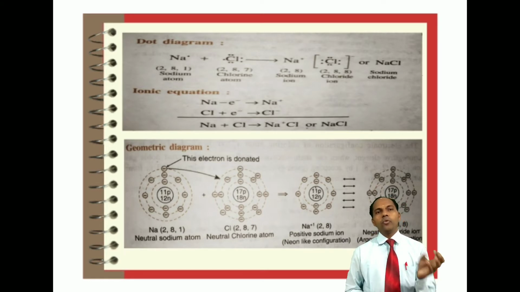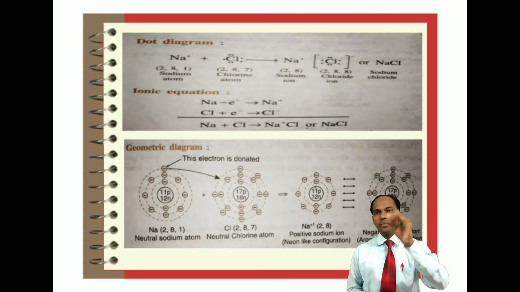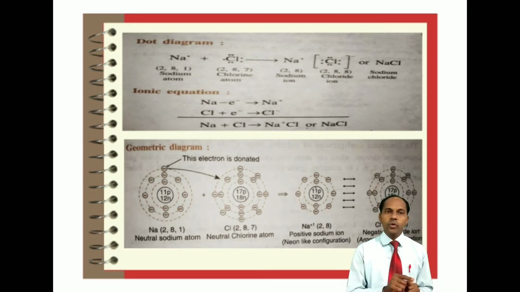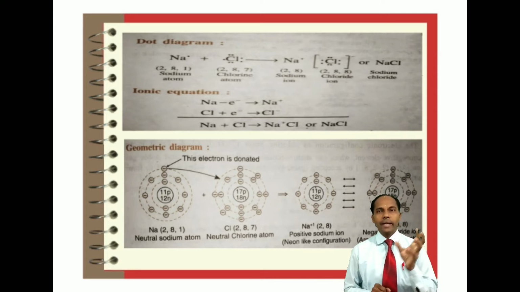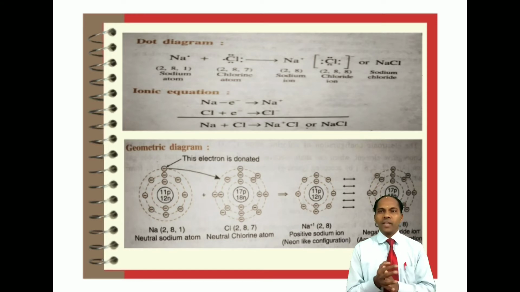So when sodium loses that electron, it gives it to chlorine, and sodium will be a uni-electropositive ion, and chlorine will have 8 electrons and will be the Cl- uni-electronegative ion, and they will come closer to each other and make the ionic bond, and will produce the ionic compound NaCl.